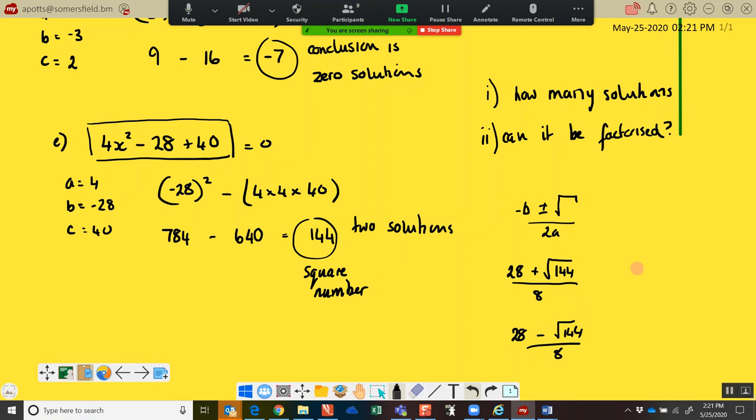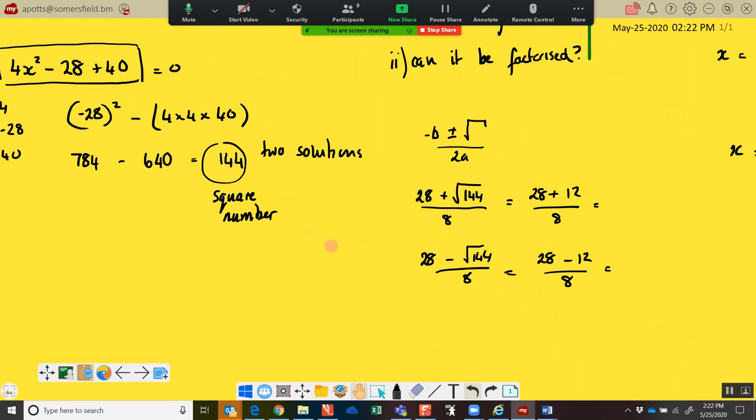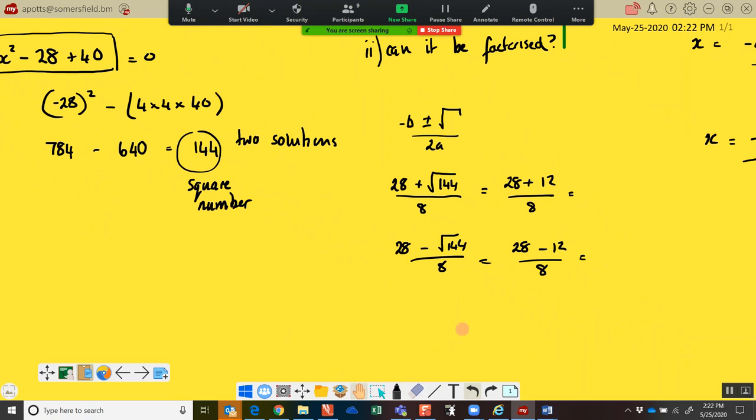So as you said, that's a square number, so we then have 28 plus 12 over 8, and we have 28 minus 12 over 8. These two, they're not the same solution, are they? No. But what is important about them? The fact that I've got a nice square number there rather than a non-square number, what does it mean?